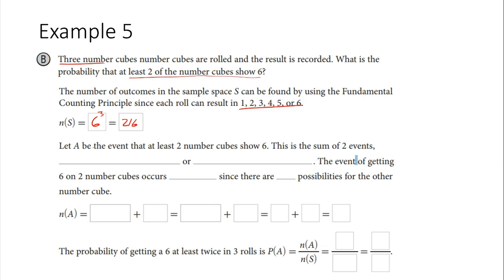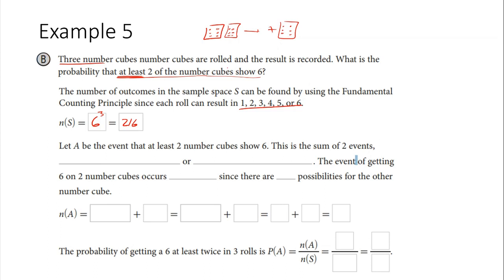And now we have to talk about the event where we get at least 2 of the cubes to show 6. So the keyword is also at least. That means what if you get 6 on 2 dice, but all of a sudden the third die also rolls a 6.